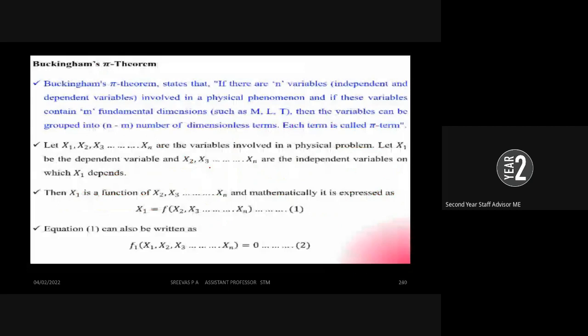The statement of Buckingham's Pi theorem is important. Sometimes they can ask, state and explain Buckingham's Pi theorem.